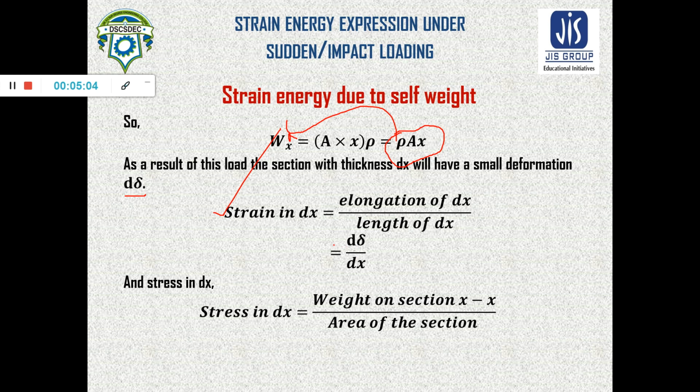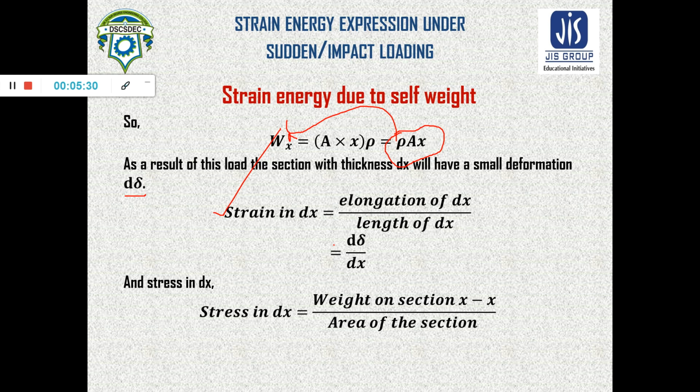So what force is acting to deform the element dx? The force is the weight of the bar of length x. Now this weight is acting in the dx, so in the dx a reaction is generated.